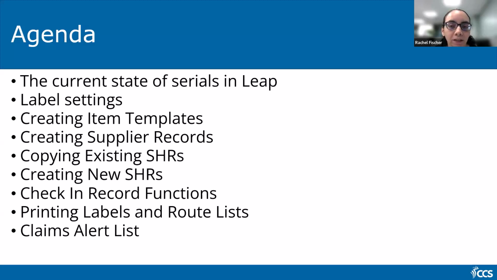Then I will demonstrate the setup tasks that are available and the daily tasks that you can do in LEAP. This includes creating item templates, supplier records, and serial holdings records, as well as using the check-in record, printing route lists, and using the claims alert list.